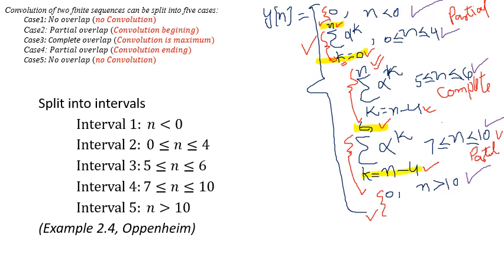And in case of complete overlap, both upper and lower limits are variable. So I hope this gives you some idea.